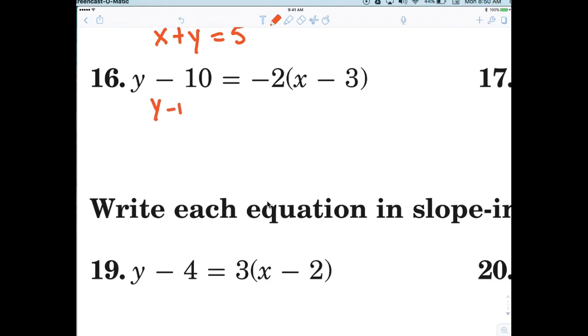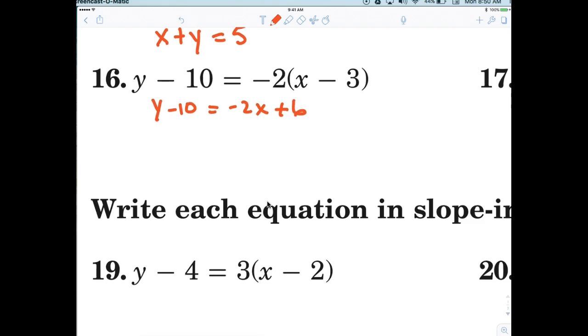Distributing y minus 10 equals negative 2x plus 6. Now remember, negative times a negative is a positive, so make sure you do the distributive property correctly. Maxine, what am I doing? You're doing standard form.